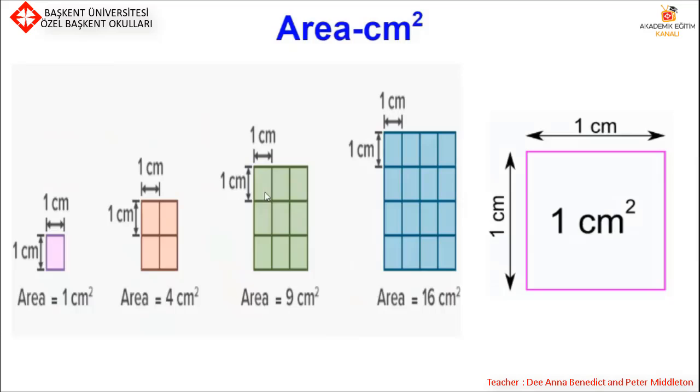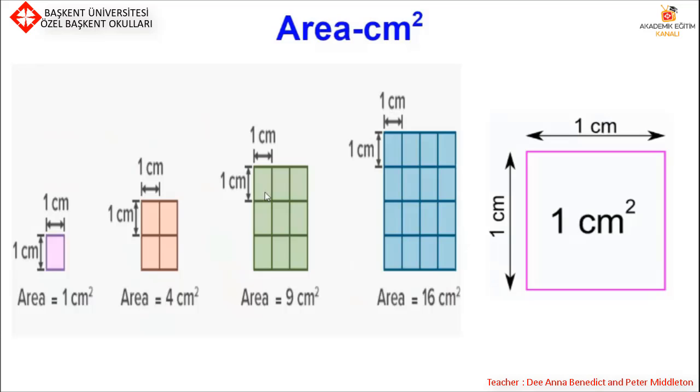And we can say that these shapes have different squares, and each square is 1 centimeter squared. It's 1 centimeter from the bottom to the top and 1 centimeter from the left to the right. And so all the way around the square is 1 centimeter for each side. And we say the area inside is 1 centimeter squared.